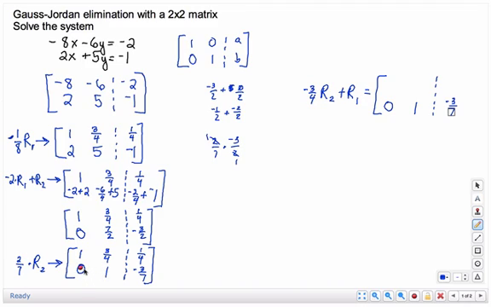So 0 times negative 3/4 is 0, and then we're going to add that to the row 1. So we basically have 0 plus 1. Now we're going to take a negative 3/4 times this y coordinate here. So negative 3/4 times 1, which is a negative 3/4. And we're adding it to this row 2 here, which is 3/4.